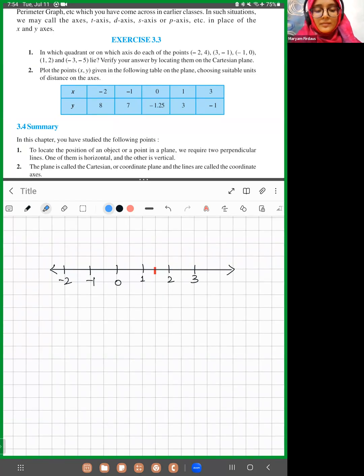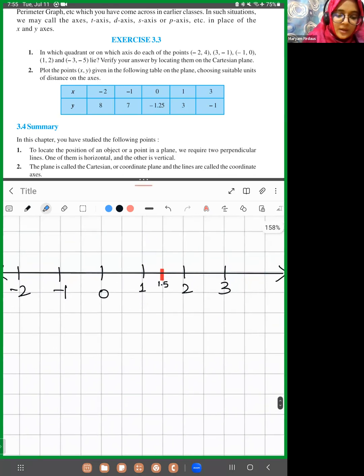Where will 1.25 be? Abdul Rahman? 1.25. Not sure. You're not sure? See.